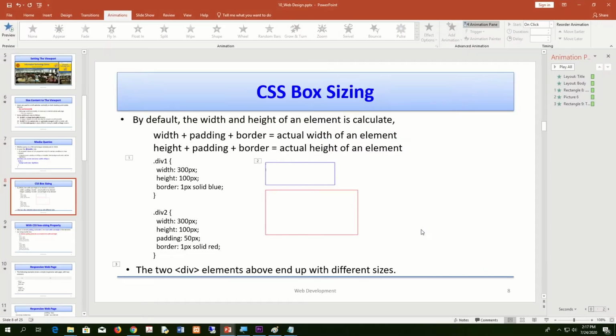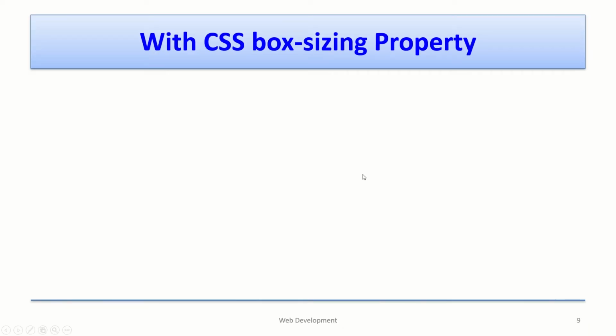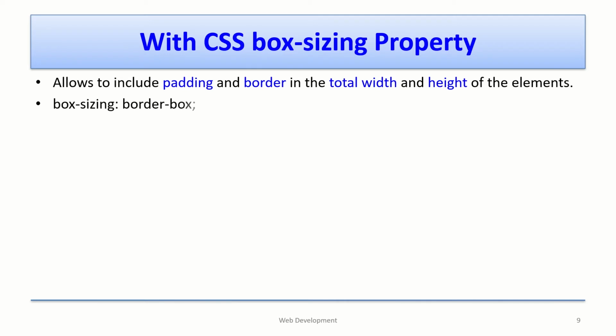All right, but in CSS we have a property called CSS box sizing, right? Box sizing. All right, so this will allow us to include padding and border in the total width and height of the element. All right, so we can set box sizing as border box, right?